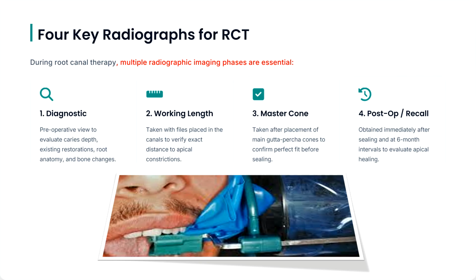But once you've got your gutta-percha points in, you want to make sure they are a perfect fit before you go in and seal everything up. So there are going to be 2 x-rays in the middle of the procedure. You should set up the x-ray rings, or your external localizing rings, for an endodontic procedure.